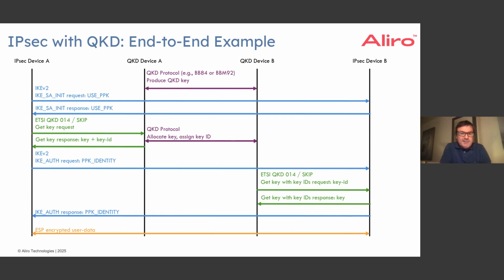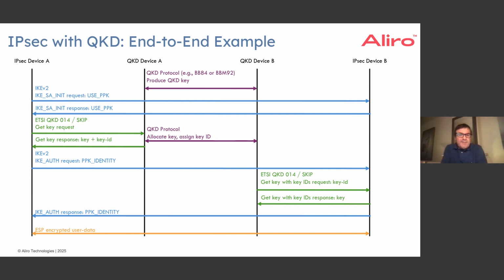Now, behind the scenes, the two QKD devices collaborate with each other to assign some QKD material that was produced to the requested key and to also assign a key identifier to it. And once they've finished doing this, the key value and the key identifier are returned to the initiator IPsec gateway in the response to the getKey request.